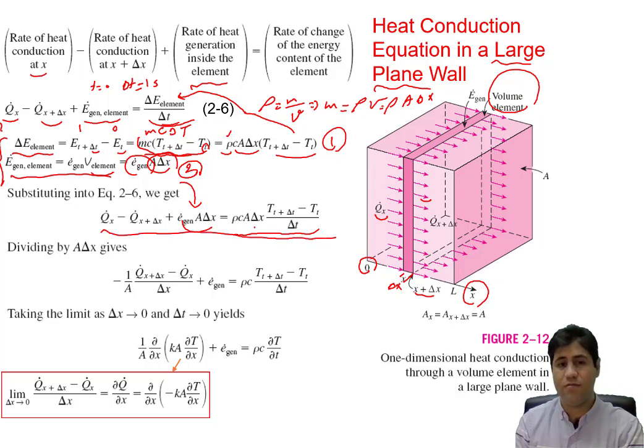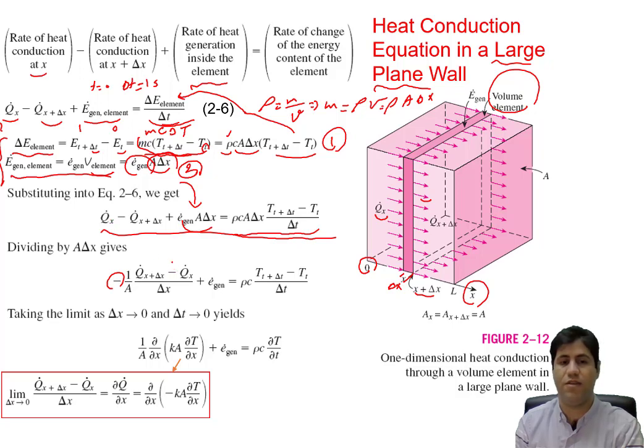Now we divide both sides of this equation by AΔtΔx, or the volume of the element. The left side will become negative 1 by A times Q̇ at x plus Δx minus Q̇ at x. If you notice, we restructured our equation and put this negative sign here.